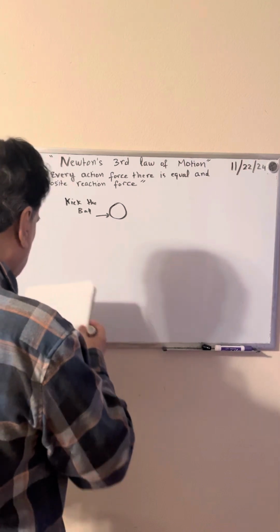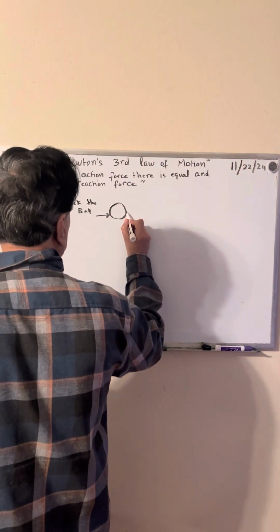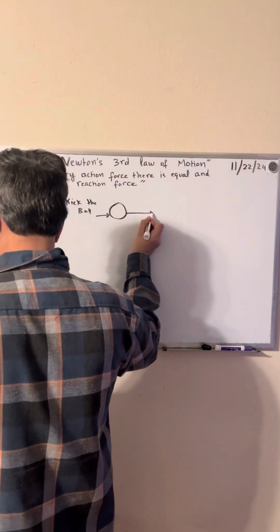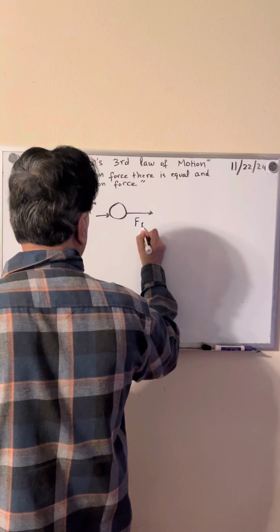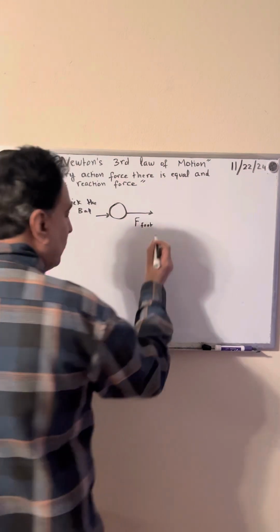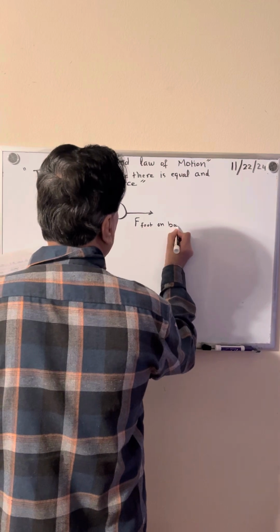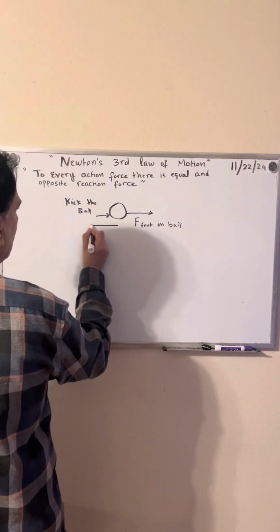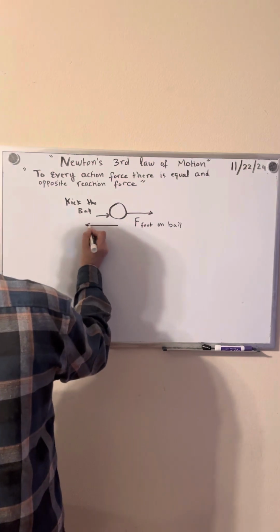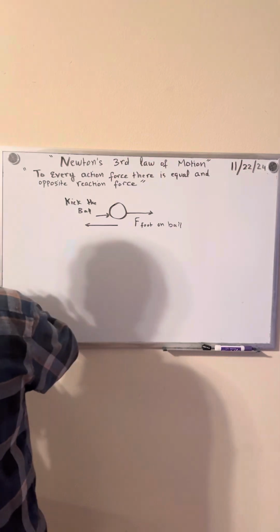Then there is a force generated in this direction. This force right here is because of my foot on the ball. Now in the opposite direction there is a force also, and that force is because of the ball pushing my foot.